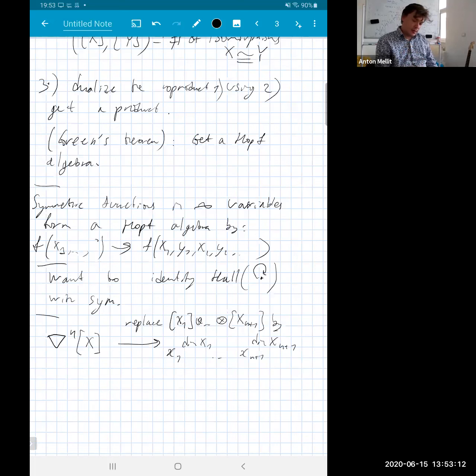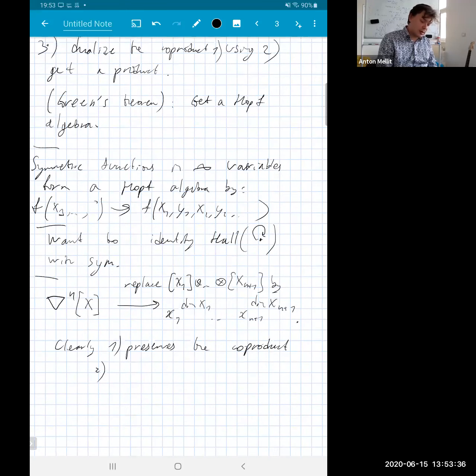So you make all variables keep track of the dimension, and then it is clear that this preserves the coproduct, and then you check that it preserves the product, because for that it basically follows from the fact that the dimension of an extension is the sum of the dimensions.